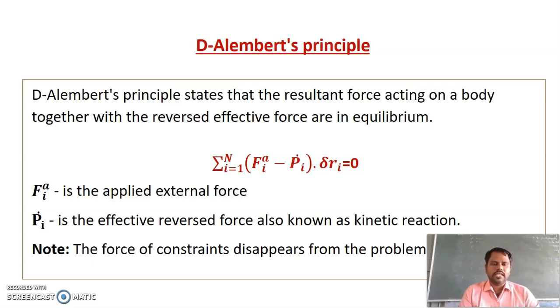Since the constraint forces do no virtual work, consequently the virtual work will be 0. Taking into consideration that the work done by the virtual displacement is equal to 0, the force acting on the ith particle will be equal to the external applied force.